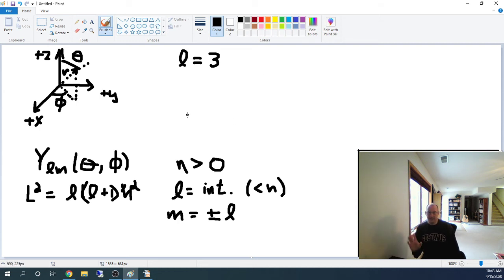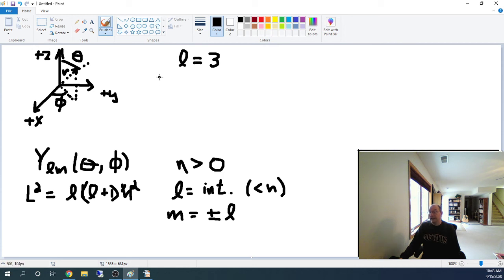What's the angular momentum associated with the state with angular momentum quantum number l equal to 3? We call it the orbital quantum number. So what's the value of capital L, the angular momentum of the state that's associated with l equal to 3?